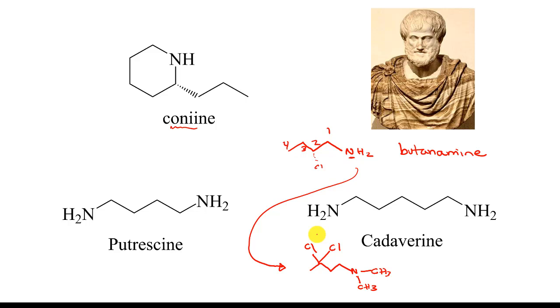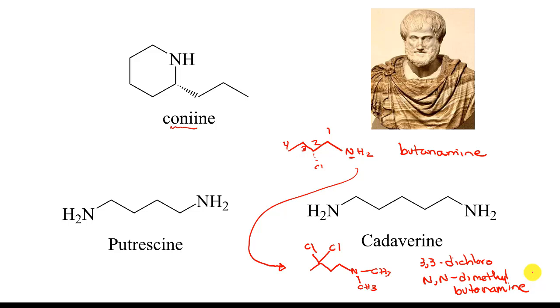That part doesn't change, but now this becomes 3,3-dichloro, and then you have to tell people where the methyl groups are. So it becomes N,N-dimethylbutanamine. So to tell people where the groups are if they're on the nitrogen, you treat the N just like you would a number.